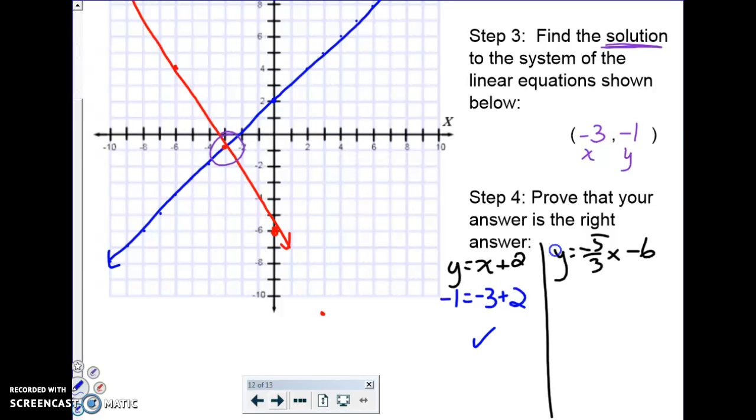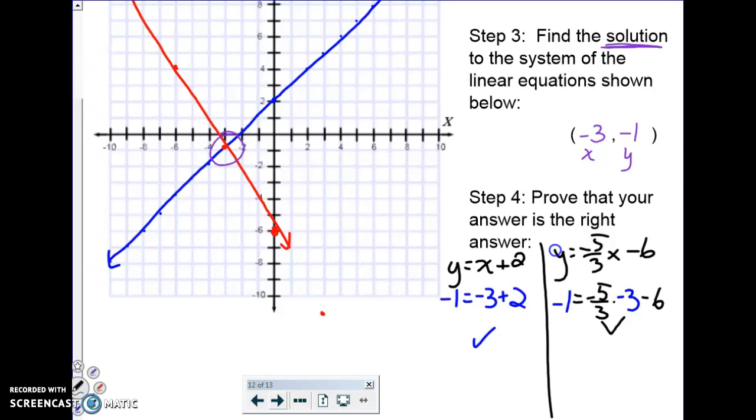What I wanted to do was spend a little time with the fraction just to make sure you're confident with checking those off. The y is -1, right? So that goes in there. And my x is -3. So what's going to happen is in the calculator, I'm going to put -5 divided by 3 times -3.